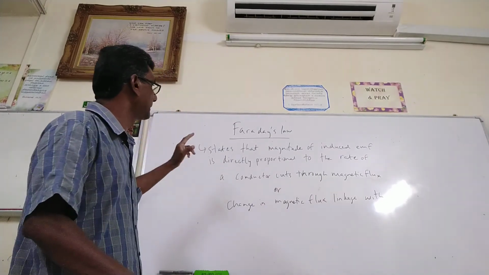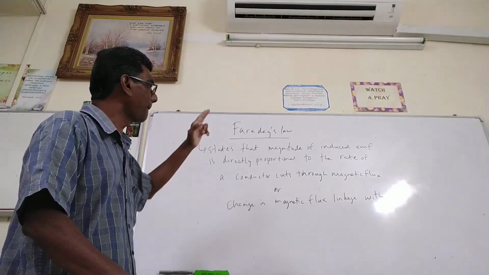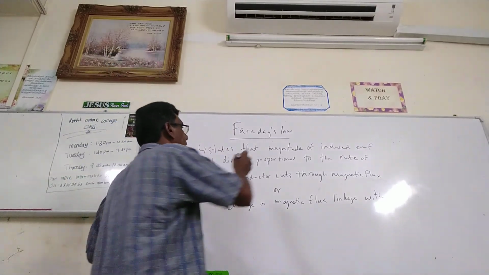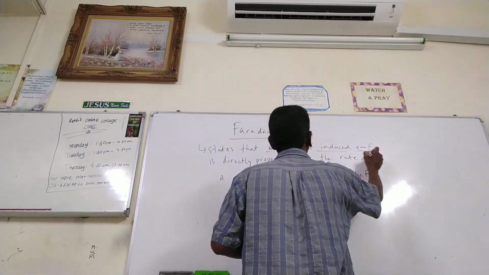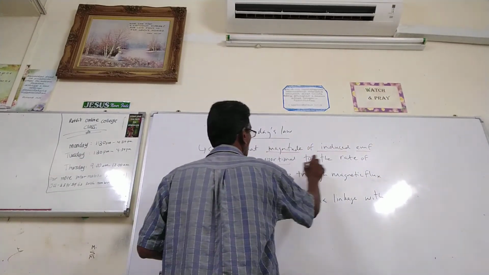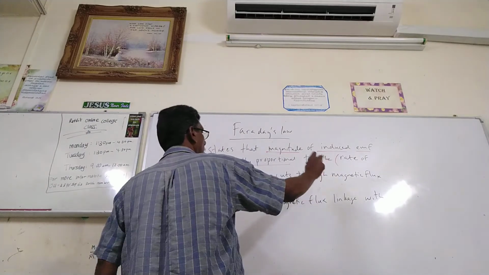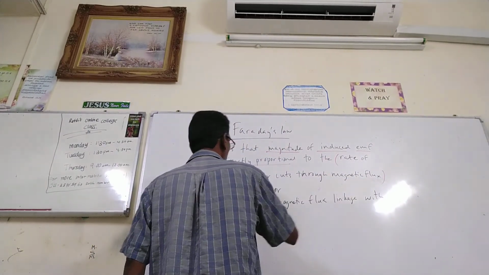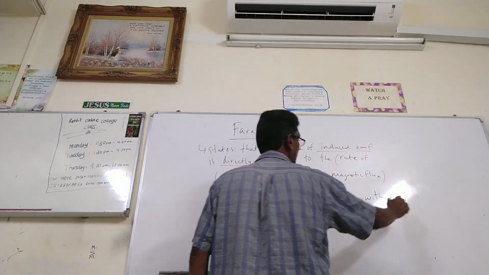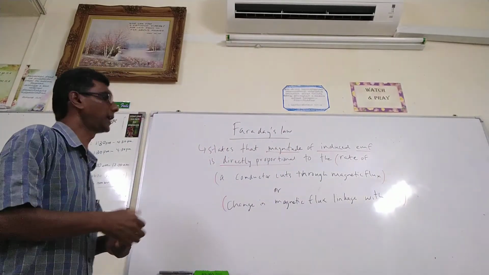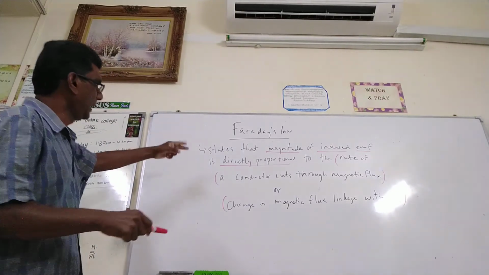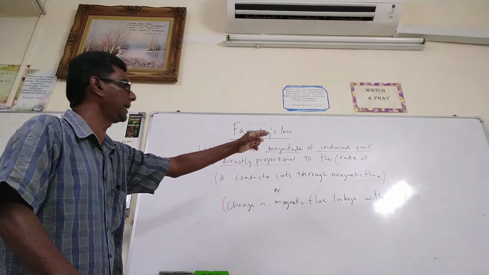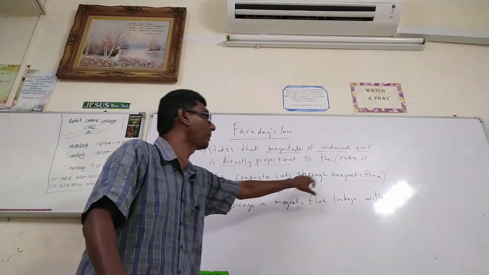Faraday's law states that the magnitude of induced EMF is directly proportional to the rate at which a conductor cuts through magnetic flux, or the change in magnetic flux linkage with a coil. Either one, you can read it like this.